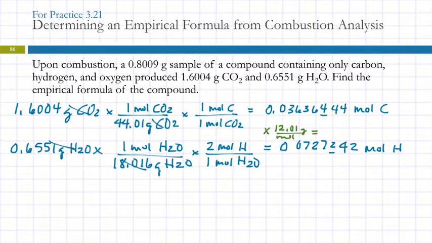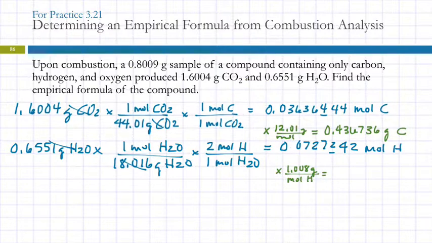So 0.0363644 times 12.01. So that's 0.436736, whatever. That's the mass of carbon. And then to find the mass of the hydrogen, we take the moles of hydrogen and multiply by the molar mass of hydrogen.